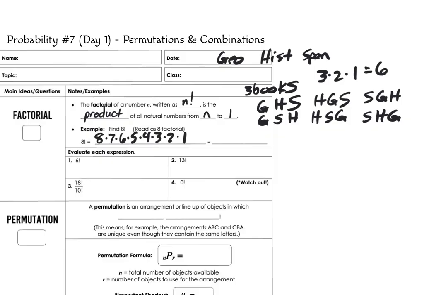Okay? But do we really want to do that? That's going to take a while, right? So instead of doing that, we have this button where I can do 8 exclamation point. And these 2 things are the same thing, but we don't have to do all the multiplication in there.